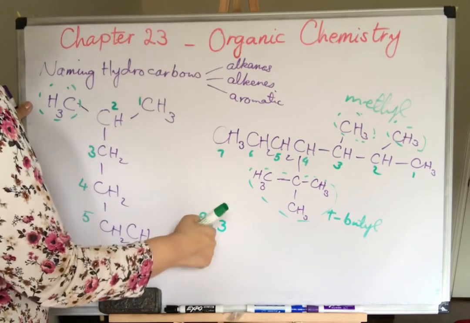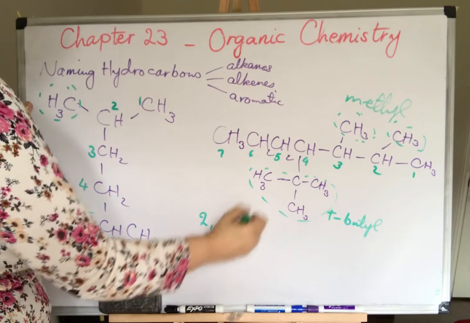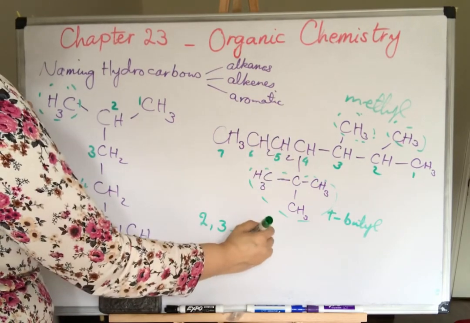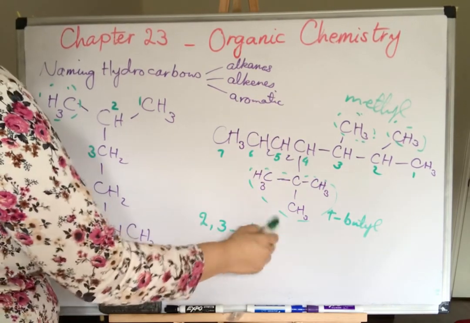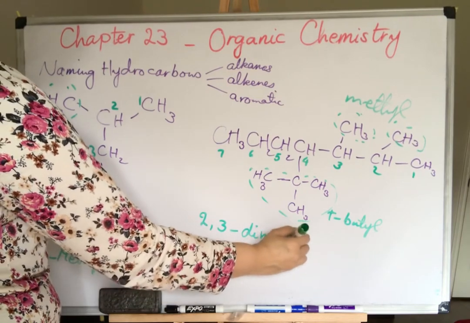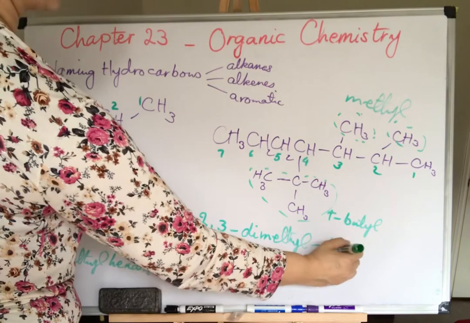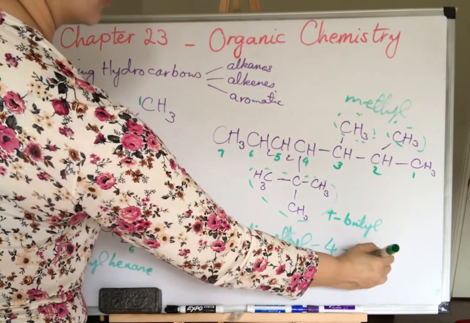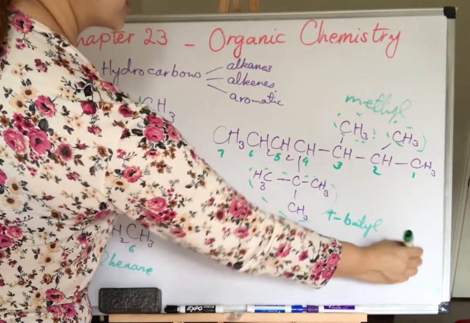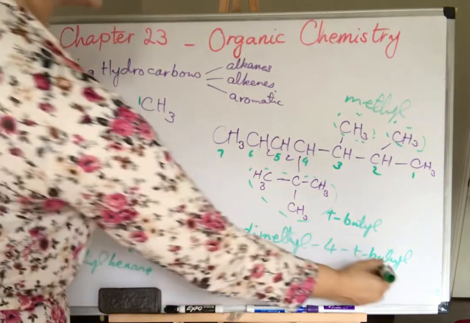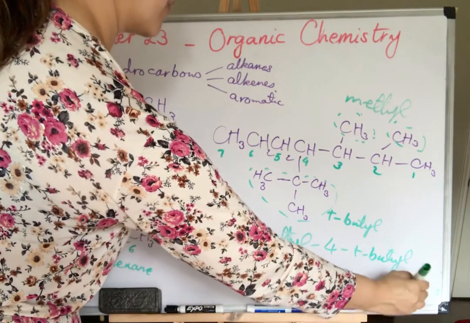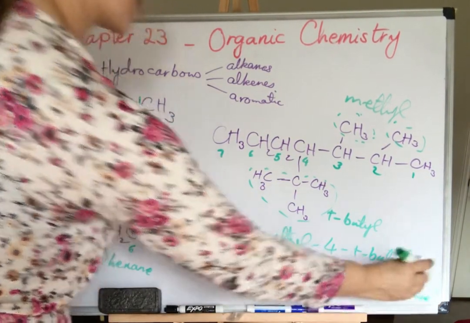Both of them are the same. Separate them with comma. How many methyl groups? 2 methyl groups. So we have to show it. Dimethyl. Is there any other branches? Yes. Where? On the 4th carbon, 4. What is it? T-butyl. And what is the name of the chain? Heptane with 7 carbons.